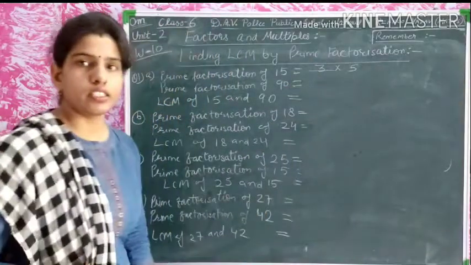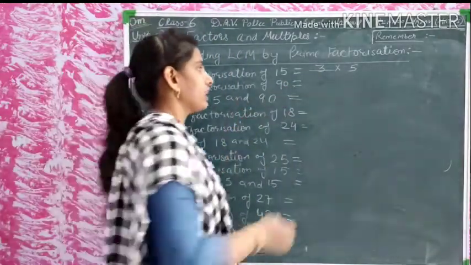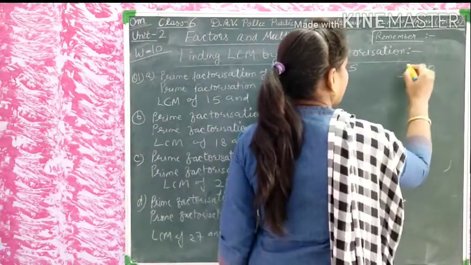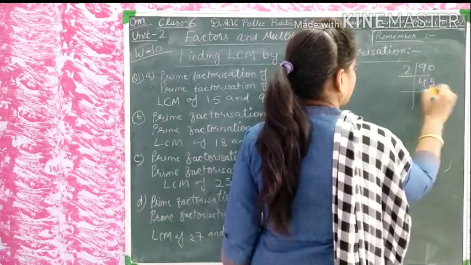Is this clear? Prime factorization of 90. First, write it here. 2 4s are 8, 2 5s are 10, 3.